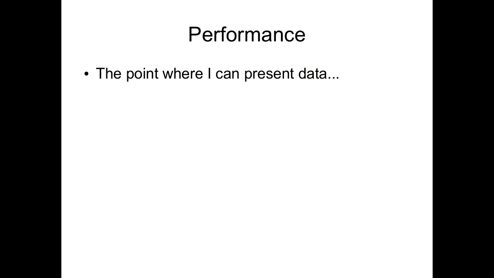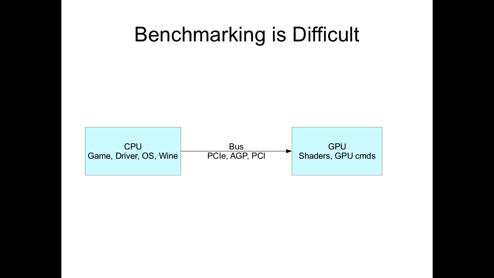Okay, now let's get to performance, where I can actually present some data. But first, well, benchmarking is difficult. Basically, you have the CPU, which runs the games where the driver is running.